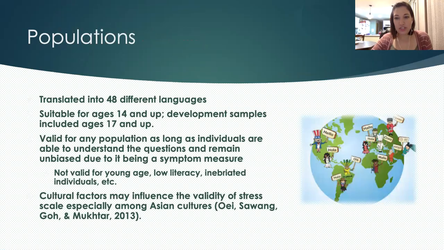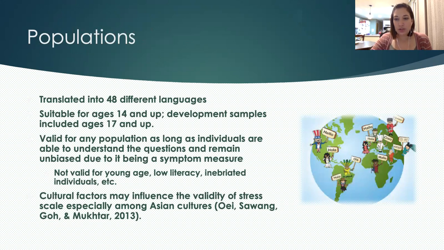For populations, the DASS has been translated into 48 different languages, but not all translations have been tested for validity and reliability. It is suitable for individuals ages 14 and up, although development samples were conducted on individuals age 17 and up. It is necessary to use clinical judgment to determine the appropriateness of this instrument with your adolescent clients.